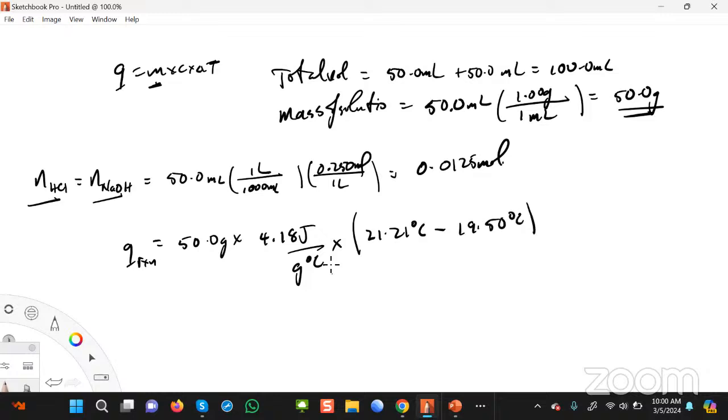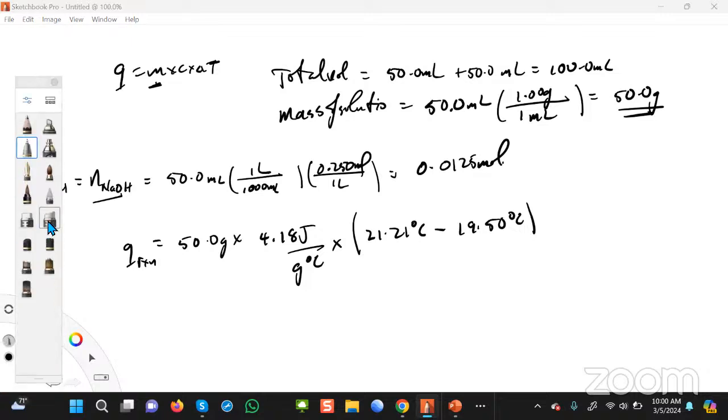Excuse me. Now, I just realized that I misspoke a bit. The Q here is not Q of the reaction, it's Q of the calorimeter. So let me erase this here. So this will be Q of the calorimeter, right? So let's see what this gives.